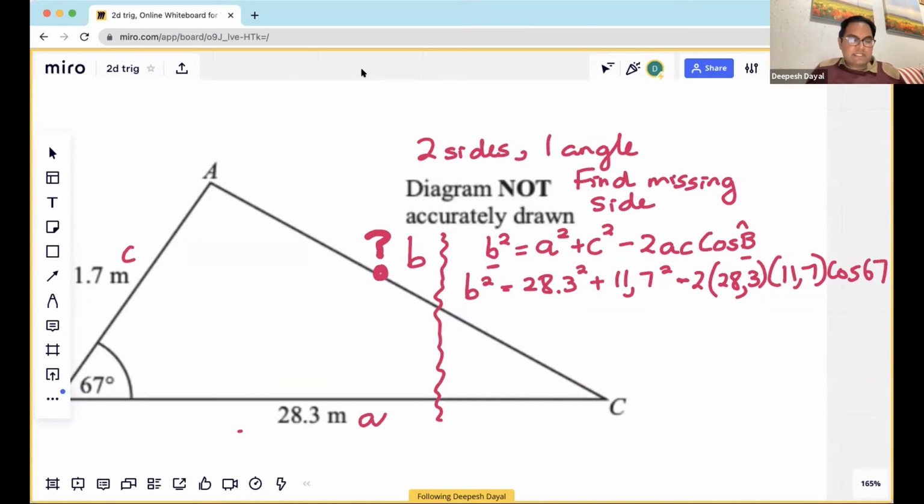And you square root and let me know what you get. So b equals 26.06 meters. Well done.